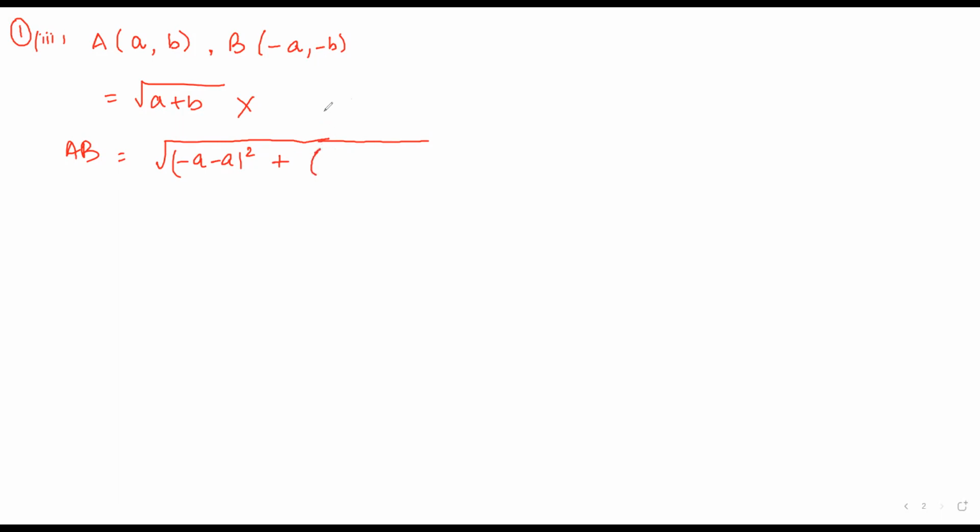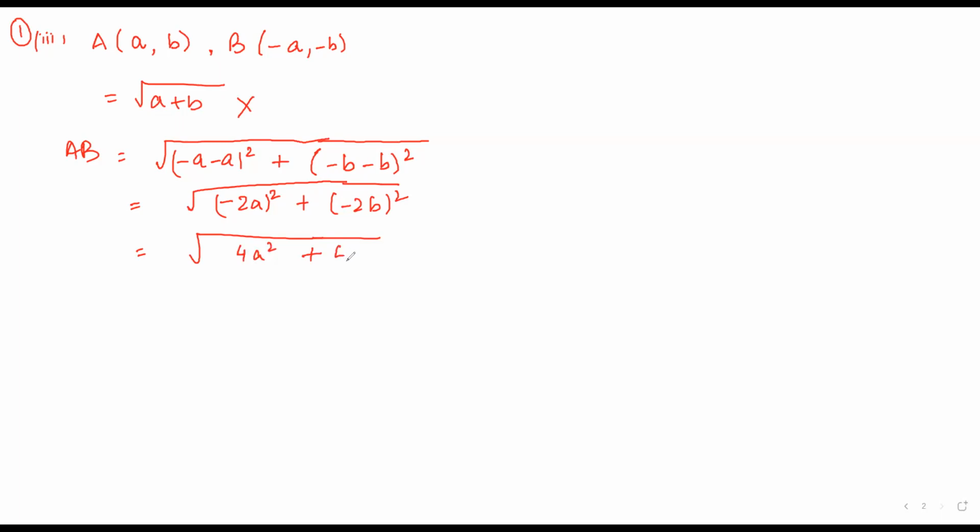See here. Now y2 minus y1, that is minus b whole square, okay? Now, so this is minus of 2a whole square plus minus of 2b whole square, all right? So this will be 4a square plus 4b square.